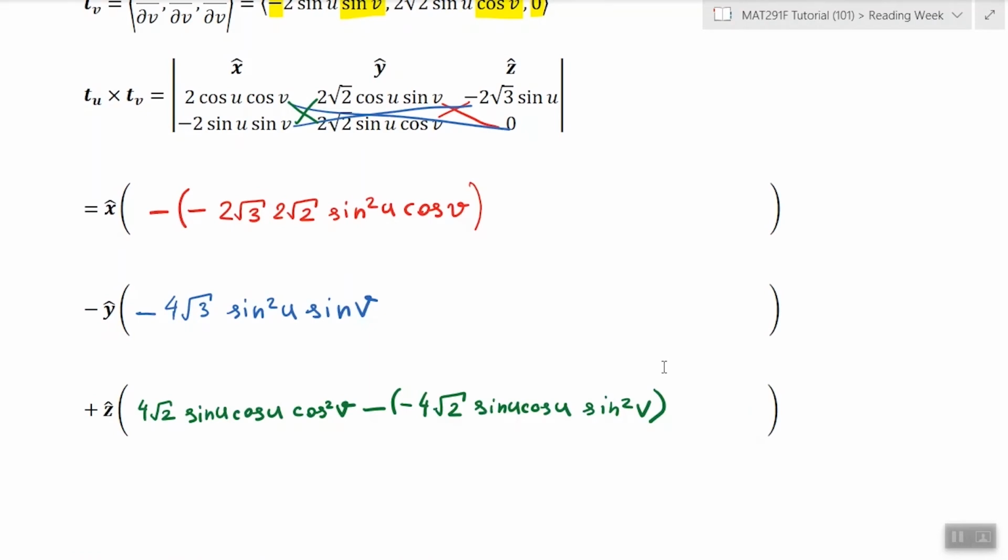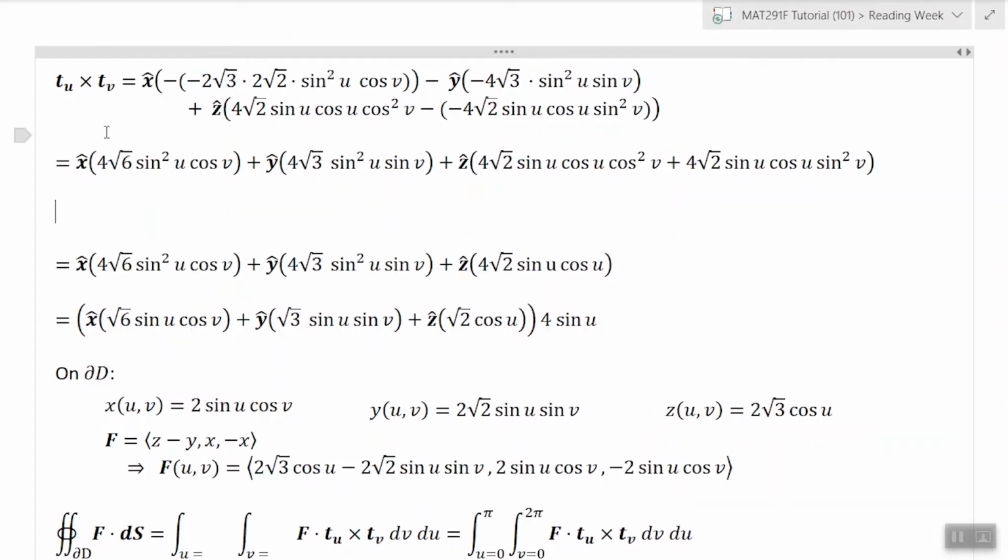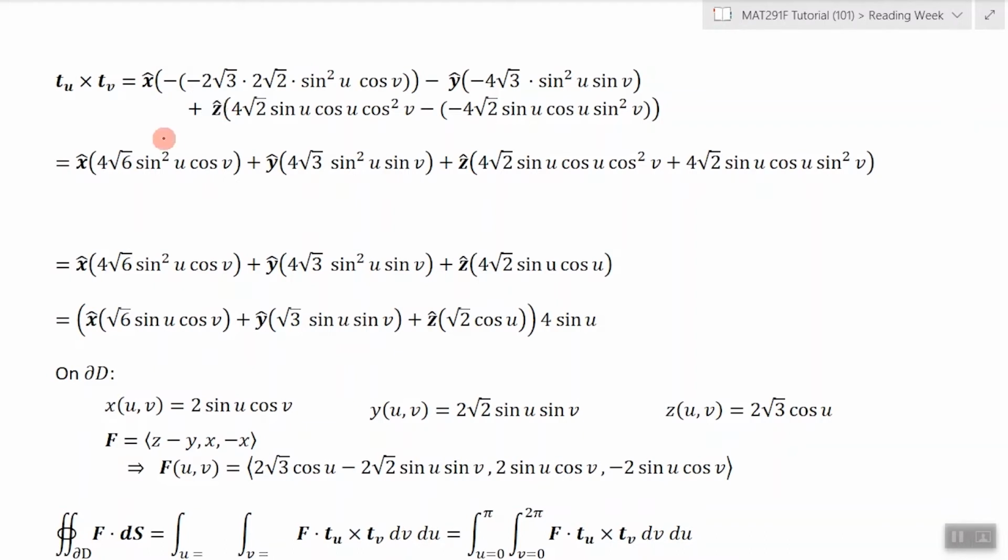On the next page, what I did is I just copied this exactly without any changes or simplifications. You can check that it's the same as before. So now let's simplify it. You see there is this minus and minus, these cancel, and we get 2 times 2, 4, and then here we get 6, and then the rest is just copied.